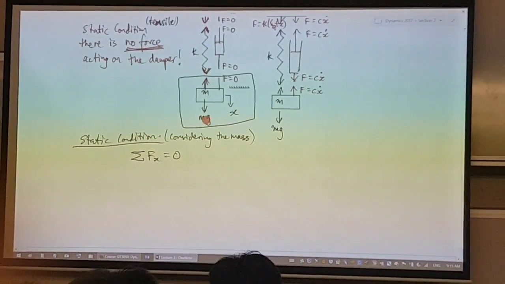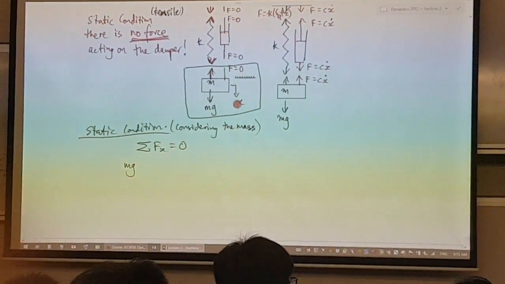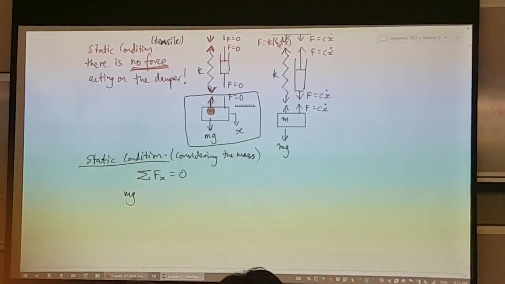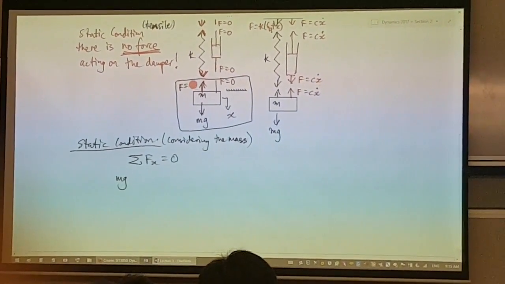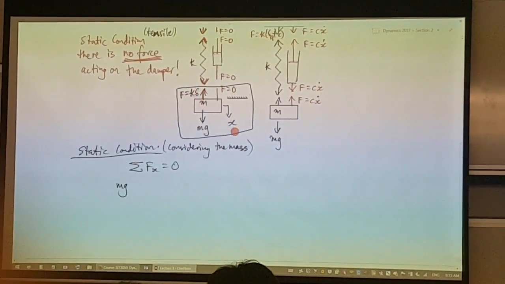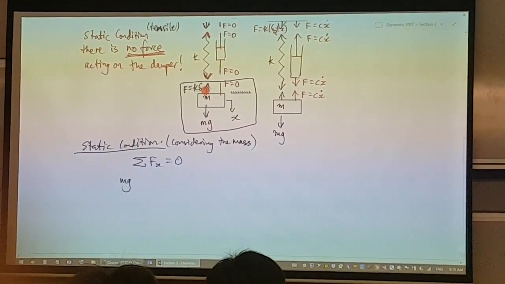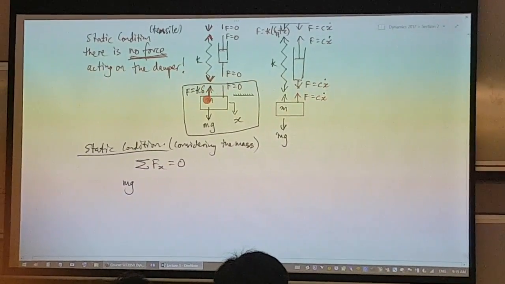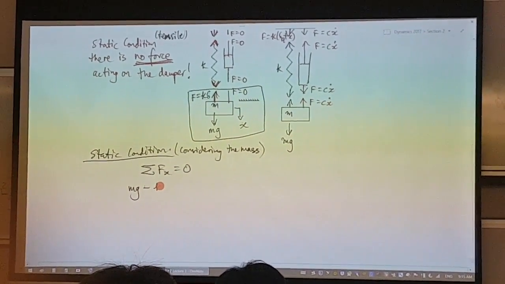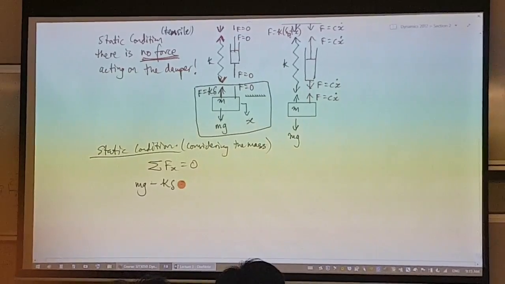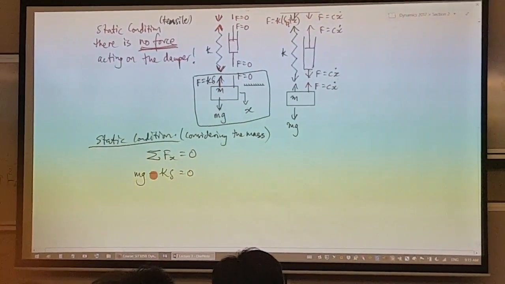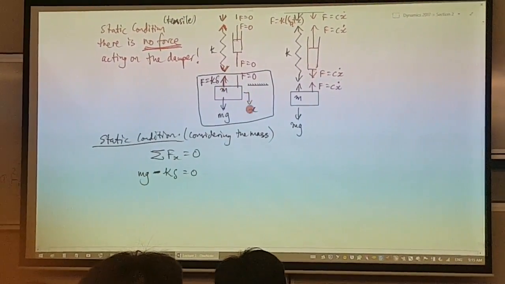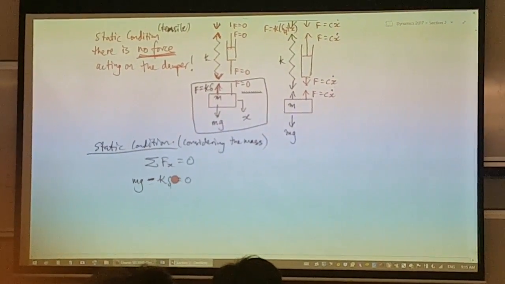What you have is mg, that's in our convention direction, so it's positive value, and that spring force F is equal to K delta. I'm going to stop writing that static ST subscript. So minus K delta equal to 0. The spring force is acting upward, so it's against our convention, so there's a minus sign.